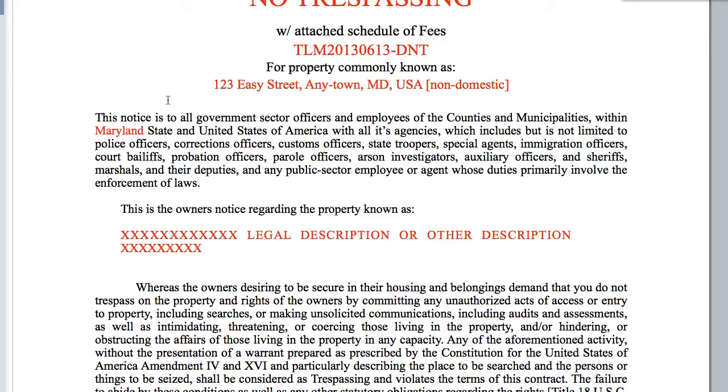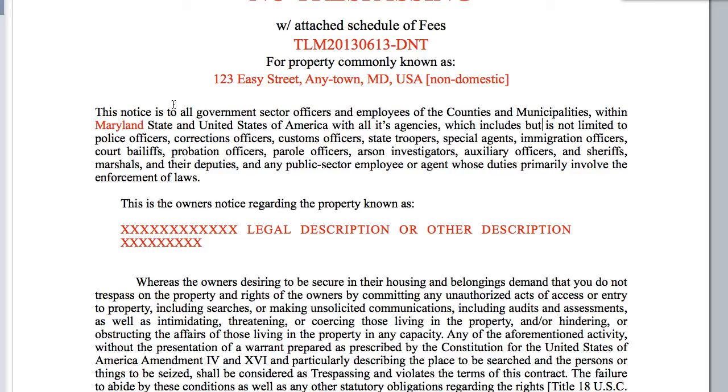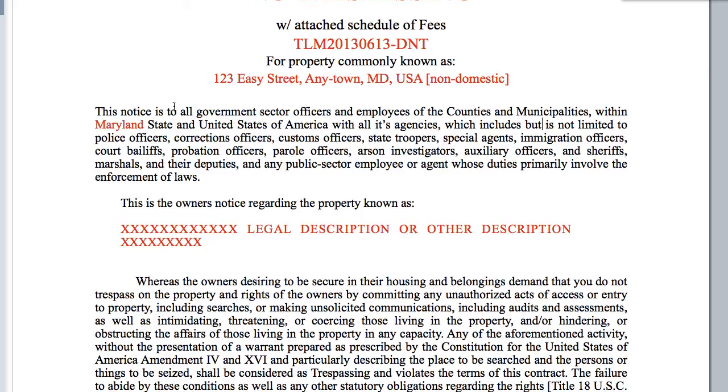This notice is to all government sector officers and employees of the counties and municipalities within the whatever state and the United States of America, with all its agencies, which include but is not limited to police officers, correction officers, customs officers, state troopers, special agents, immigration officers, court bailiffs, probation officers, parole officers, sheriffs, judges, marshals. The list goes on. This is the owner's notice regarding the property known as, and then you would put the legal description of the property there.